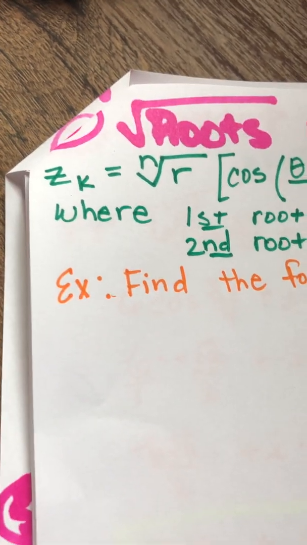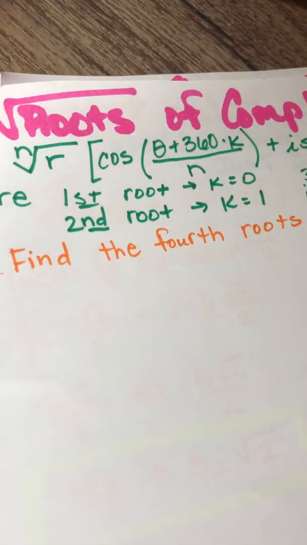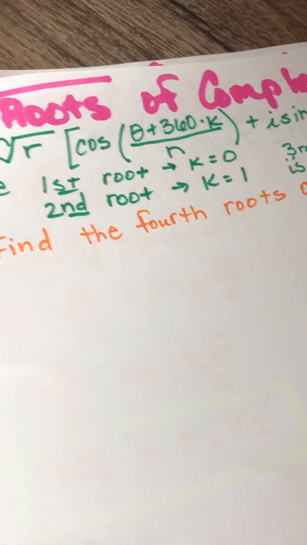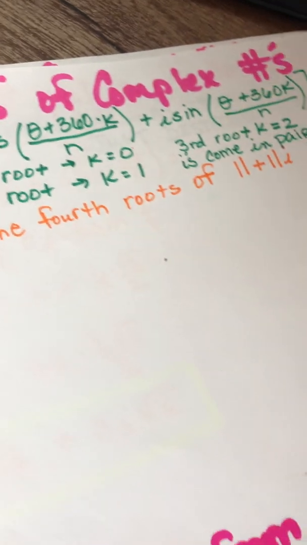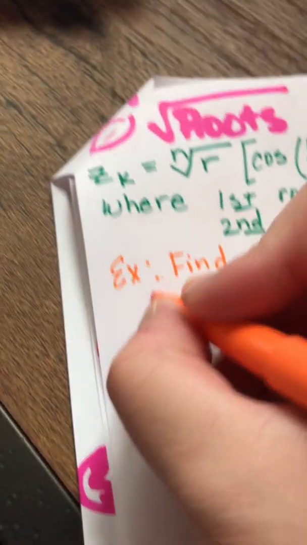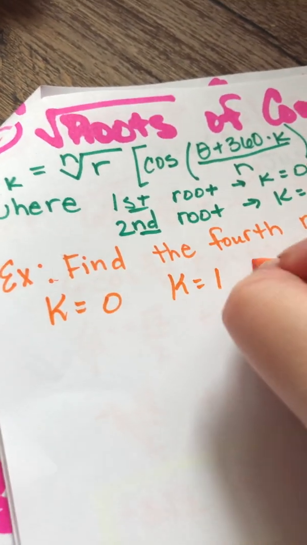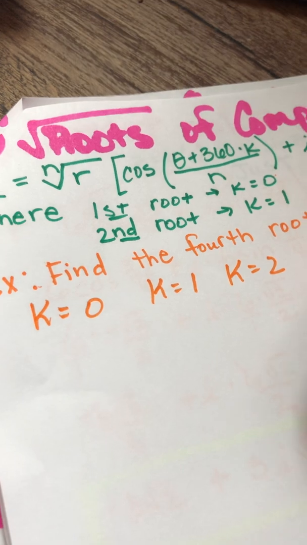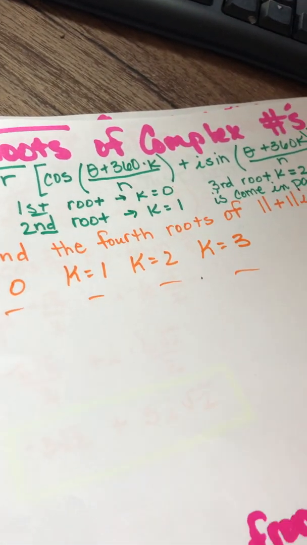So for us, we want the fourth roots. Like we want the first, the second, the third, the fourth. So we're going to use k of 0, 1, 2, and then 3. So we're going to have k equals 0, k equals 1, k equals 2, k equals 3, and that makes 1, 2, 3, 4 roots.